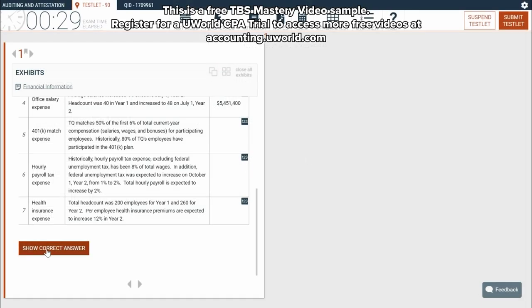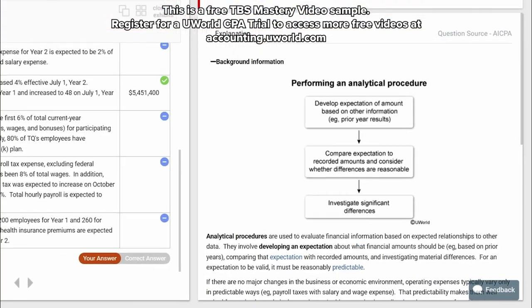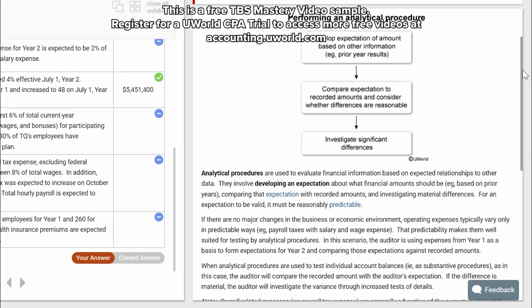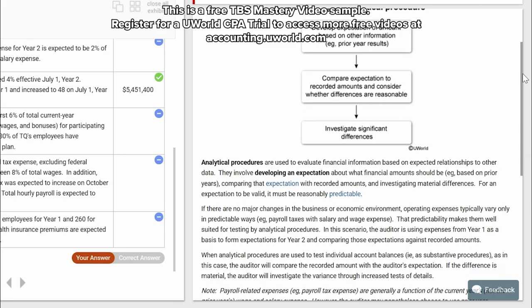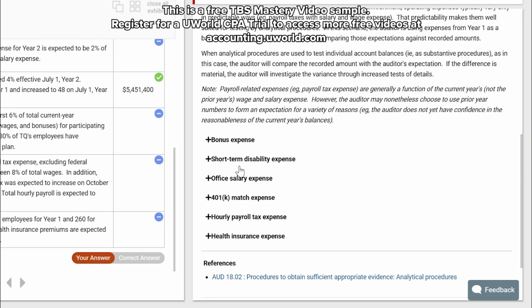At this point, I'm able to go ahead and submit my answers, and I wanted to show you the resources that are available to you. First, there is a discussion of analytical procedures, including the substantive analytical procedures that were performed in this TBS. Then there are detailed explanations for each of the different types of expense.